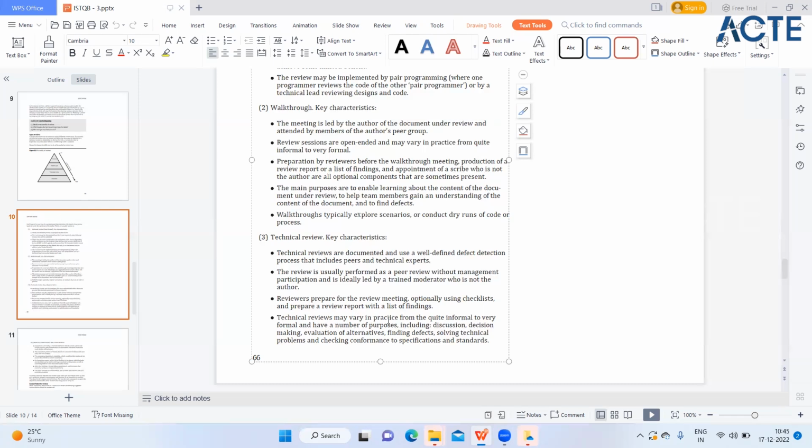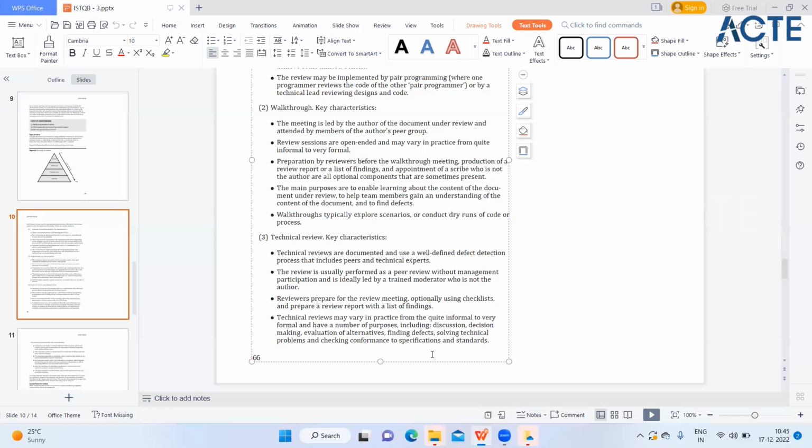Technical reviews may vary in practice from quite informal to very formal and have a number of purposes, including discussion, decision making, evaluation of alternatives, finding defects, solving technical problems, and checking conformance to specifications and standards. So in the technical review, mainly we are checking the technical things.